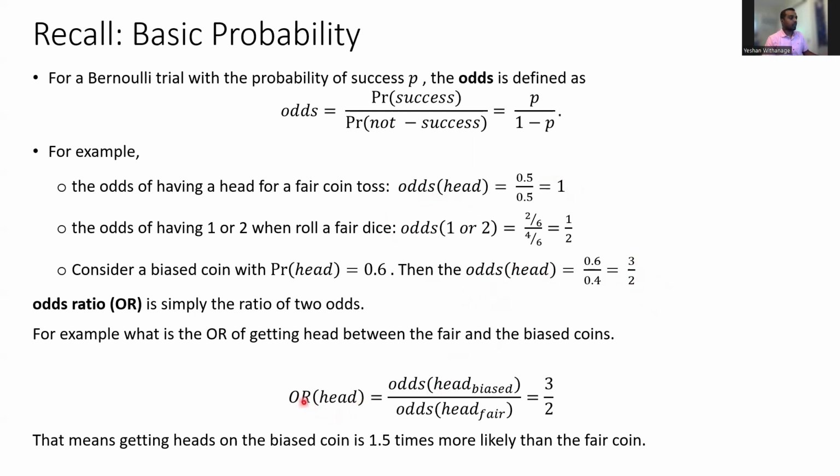So the odds ratio of having a head for the biased coin with respect to the fair coin is 3 over 2 divided by 1. So it is actually 3 over 2. So how do we interpret this number? This means getting heads on the biased coin is 1.5 times more likely than on the fair coin. So it is very important to understand this interpretation. And then we will talk about how to interpret the logistic regression model by using these concepts.